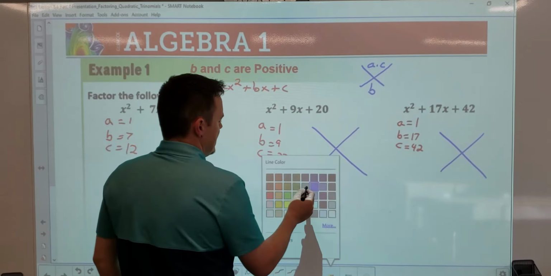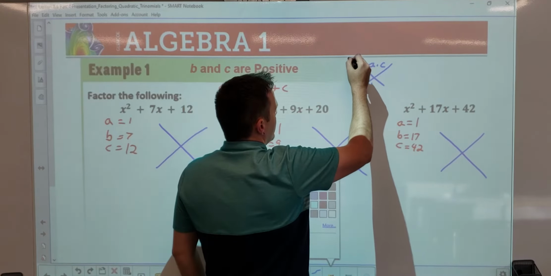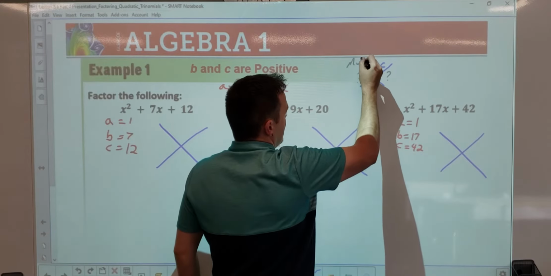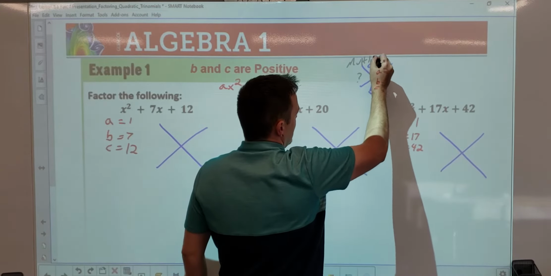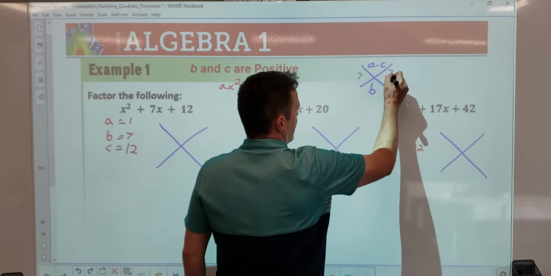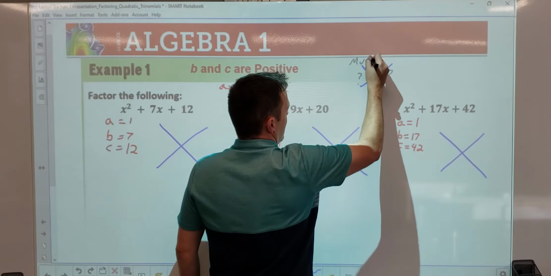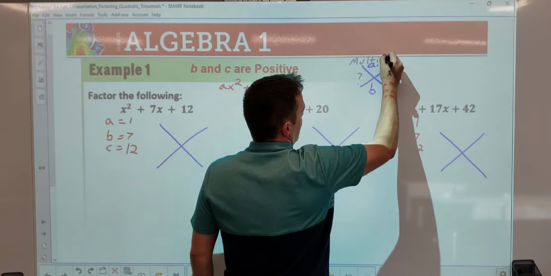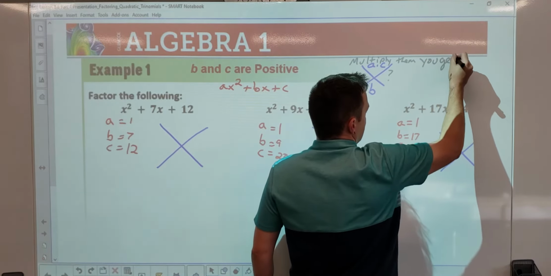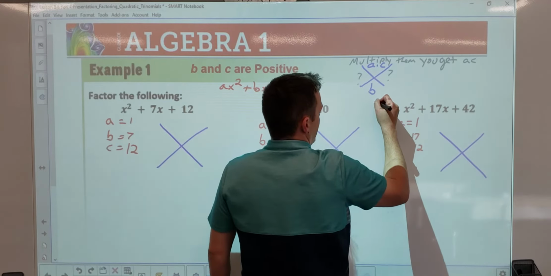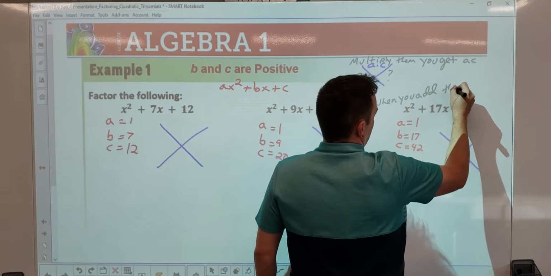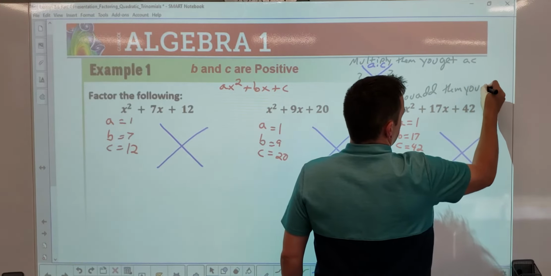And how it works is, for these 2 values we're going to find, when you multiply them together, you get a times c, and when you add, you get b.